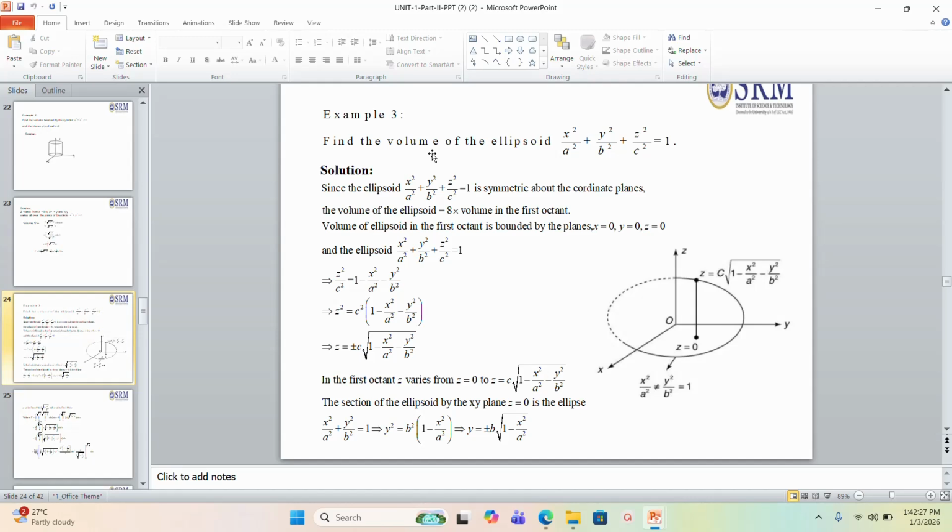For the z limit, take the x value and y value to the right hand side. The same thing will happen here. For the x limits, if y and z equal to 0, then x square by a square equal to 1, x square equal to a square, so x is equal to plus or minus a.